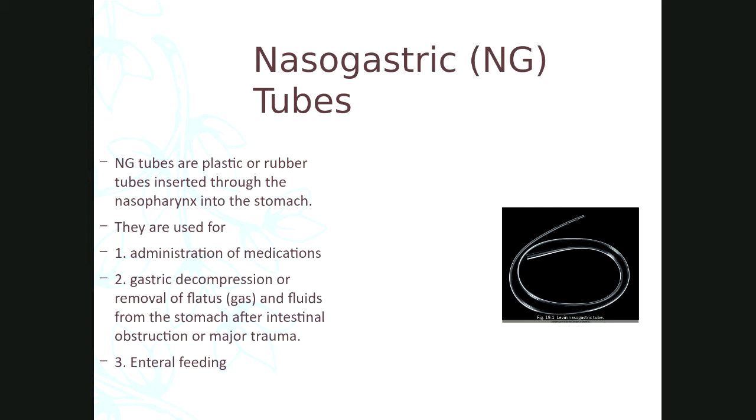231. NG tubes are typically plastic or rubber tubes that get inserted through the patient's nasopharynx, and they go all the way down to their stomach. Typically there are three distinct uses for an NG tube.